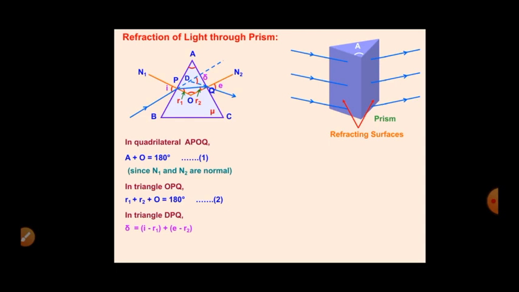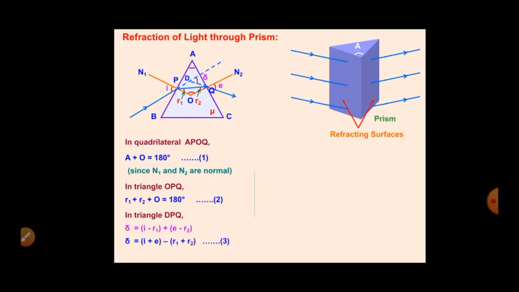Angle DPQ is equal to I minus R1, and angle DQP is E minus R2.